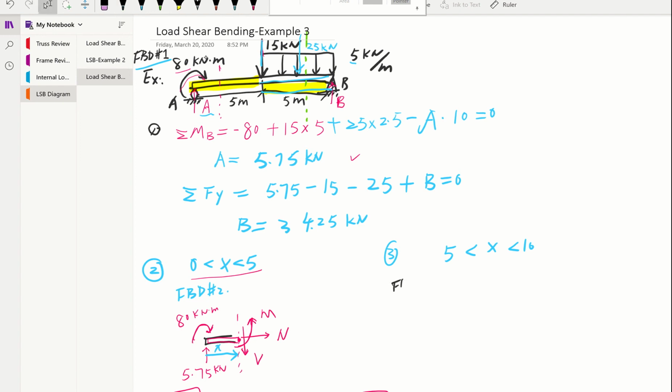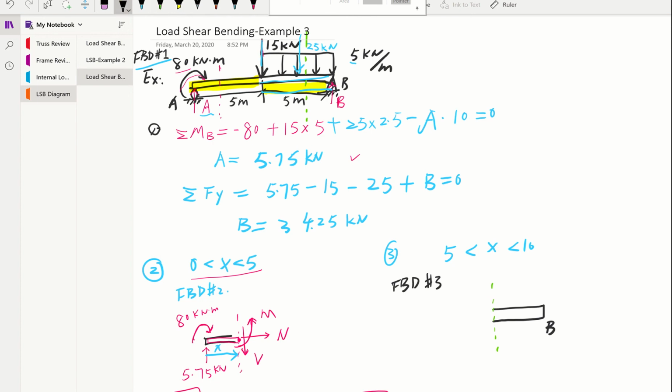That becomes our FBD number 3. So for our right section, this end is B, and we cut at this green line. Let's go ahead and draw all the forces on there.